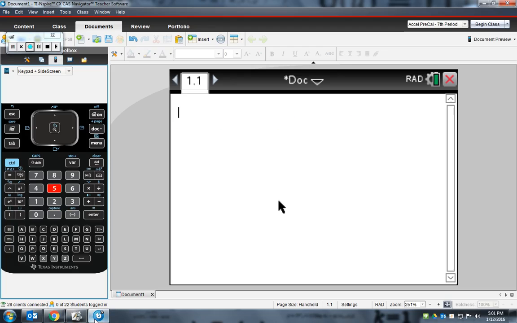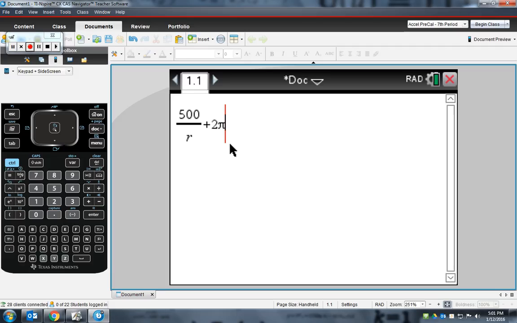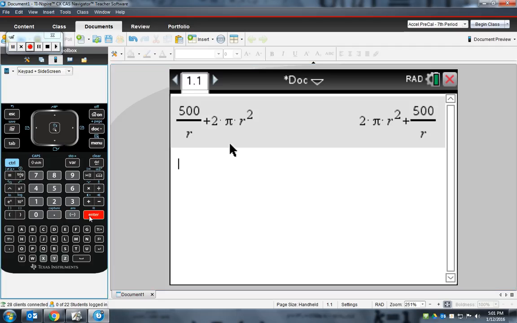So I'm going to put fraction 500 over r, and then add 2 pi r squared, and save this as my s of r. So control store, it's going to save as s of r, and there it is.